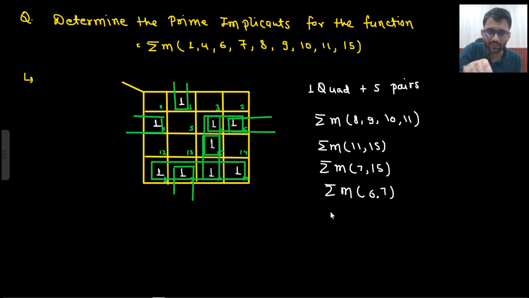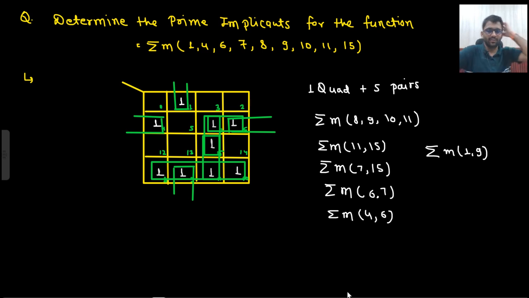And then 6, 4. 4, 6 you can say. Then this number, that is 5, 1. Sorry, 9, 1. 1, 9. Okay, so these are the possible prime implicants. So these kinds of questions can be coming in your examination.